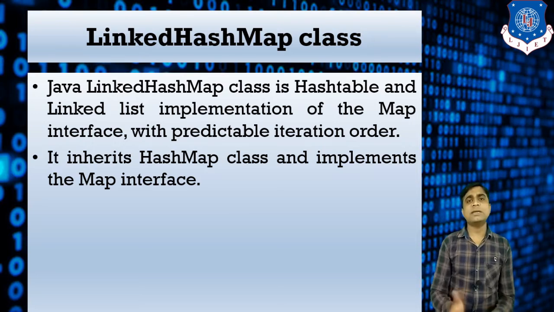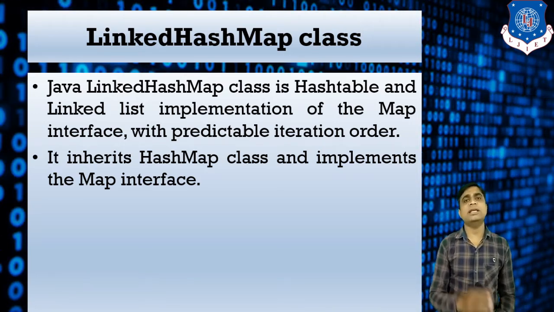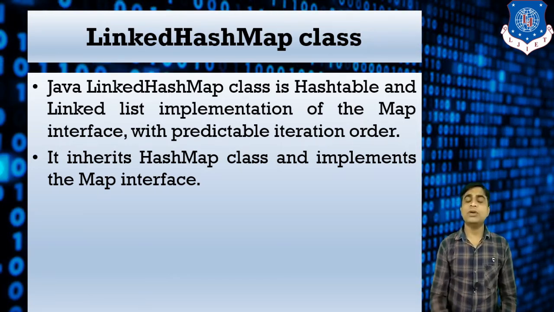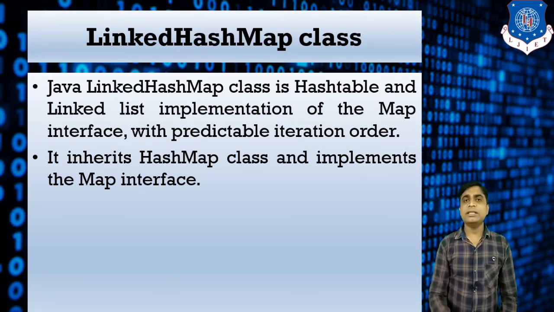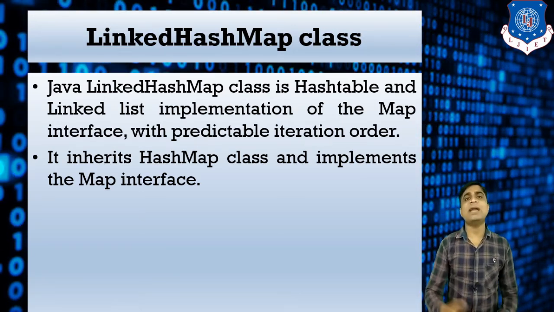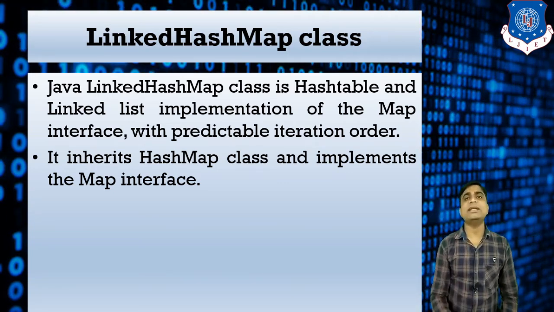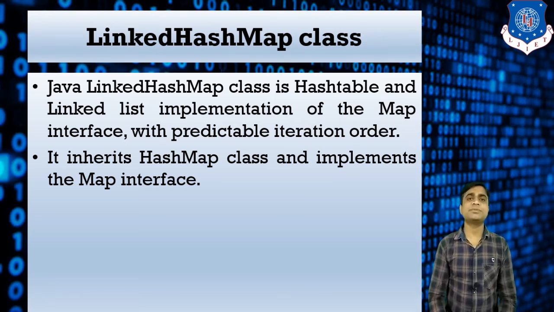As I told you in the set interface, if you talk about HashMap, LinkedHashMap and TreeMap, these three are data structures. LinkedHashMap behaves like a linked list where the different nodes are attached with an address.